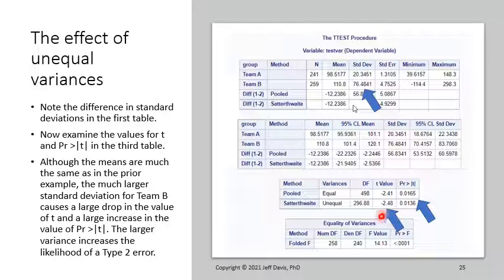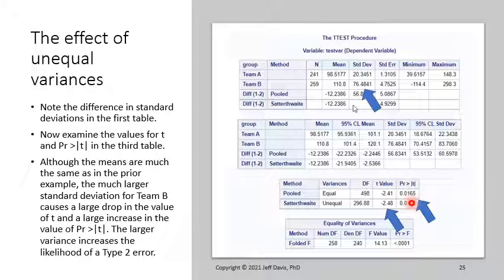Remember the values of t in that first example, when we had very similar standard deviations between the two groups? We had a t-value of like negative 6.61. Now look what it is. It drops by almost 2/3. And then look at the value that we get for the Pr of t.